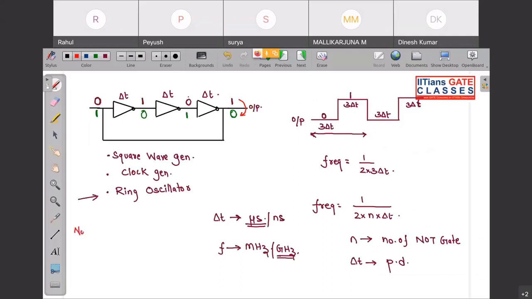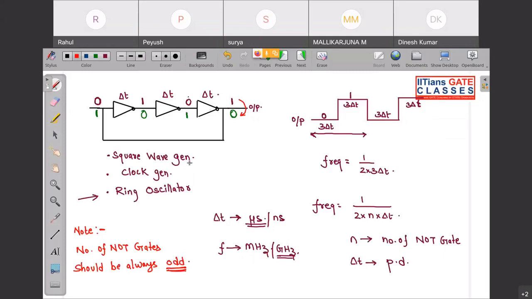Note, the condition is that number of NOT gates should always be odd. Okay, always odd.